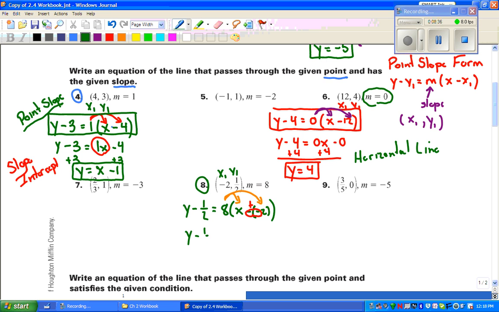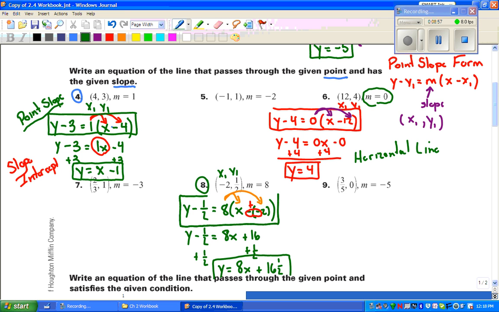Y minus 1/2 equals 8x plus 16. Let's add 1/2 over here. We get y equals 8x plus 16 1/2. Okay, this up here is point-slope form. This one down here is slope-intercept form.